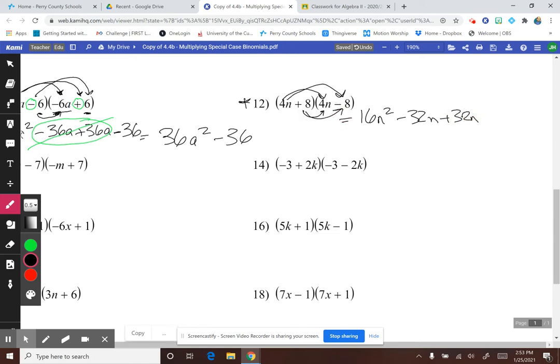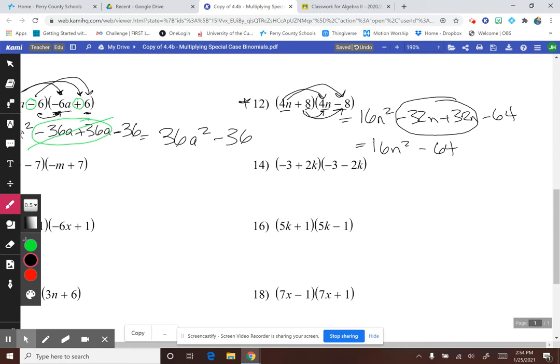And 8 times negative 8 is negative 64. Lo and behold, look what happened again. Those center terms are going to go away, and the only thing I'm going to be left with is 16n squared minus 64.